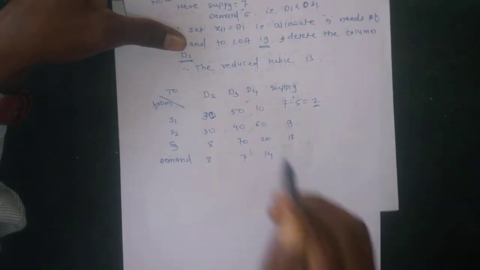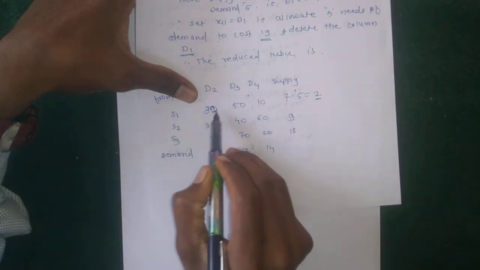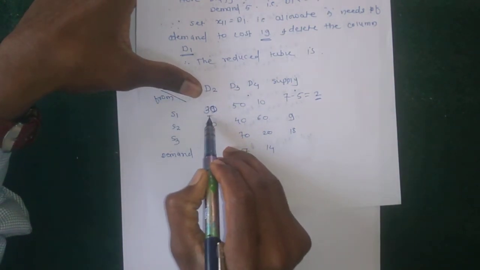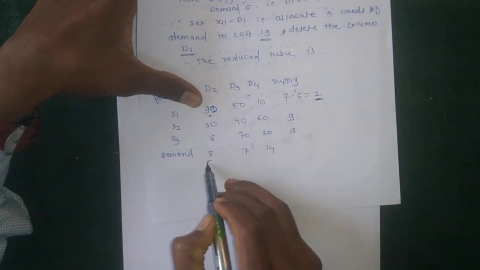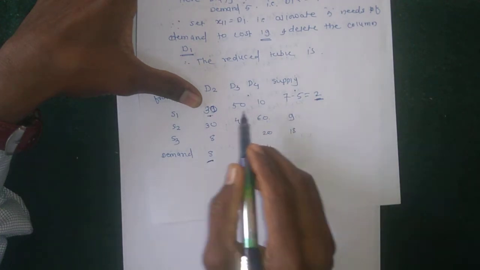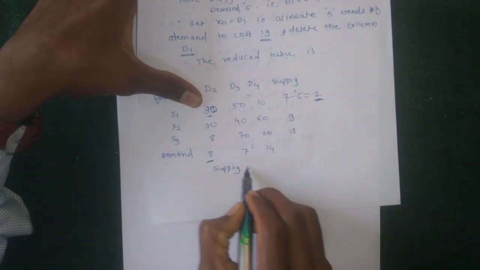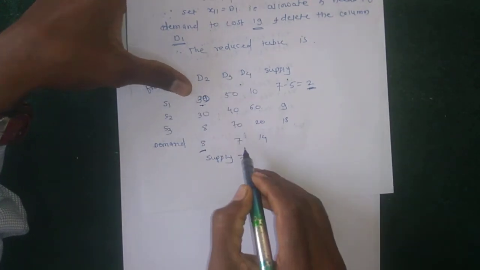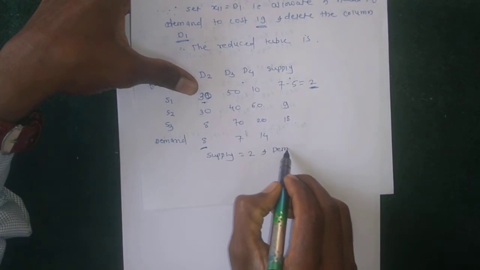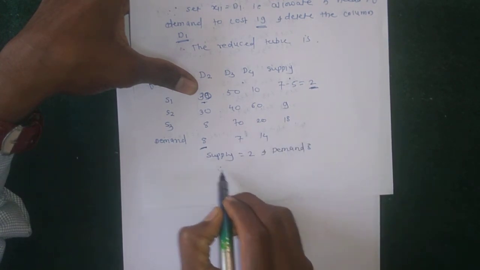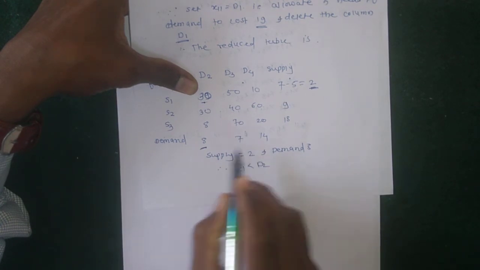Again start from the northwest corner, the intersection of S1 and D2. Here the remaining supply is 2 and the demand is 8, so S1 is less than D2.